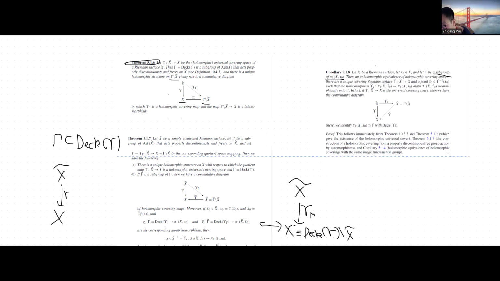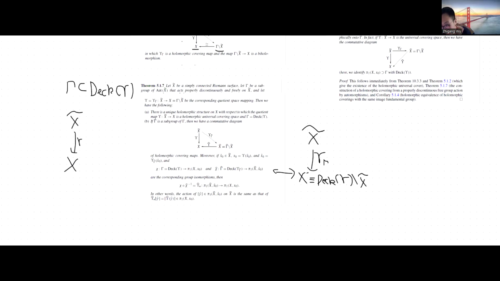And then there is a biholomorphism between this X prime and X. Okay, so it's a biholomorphism.